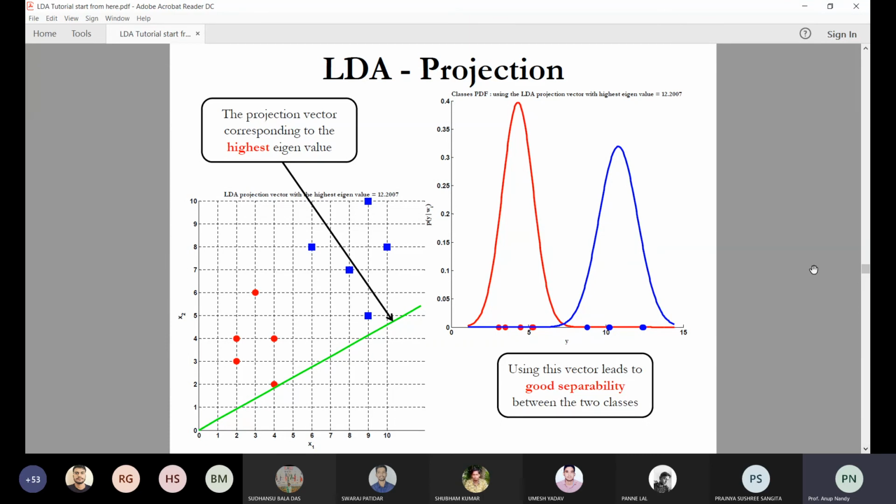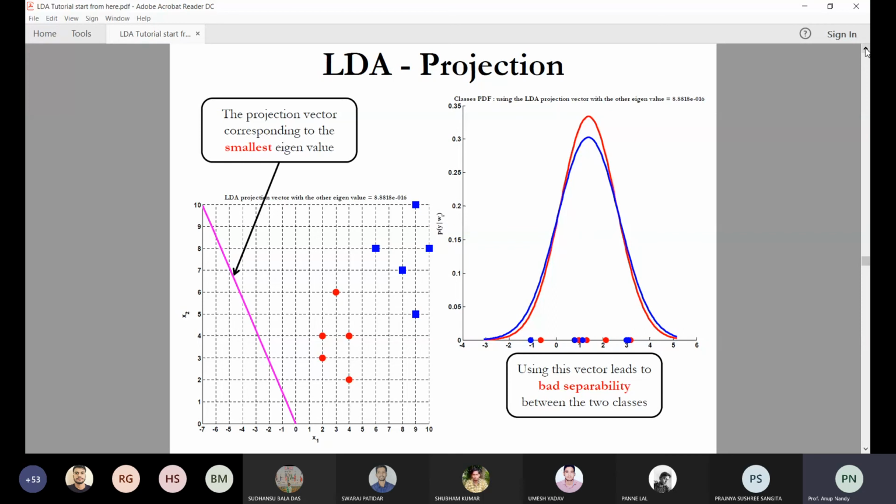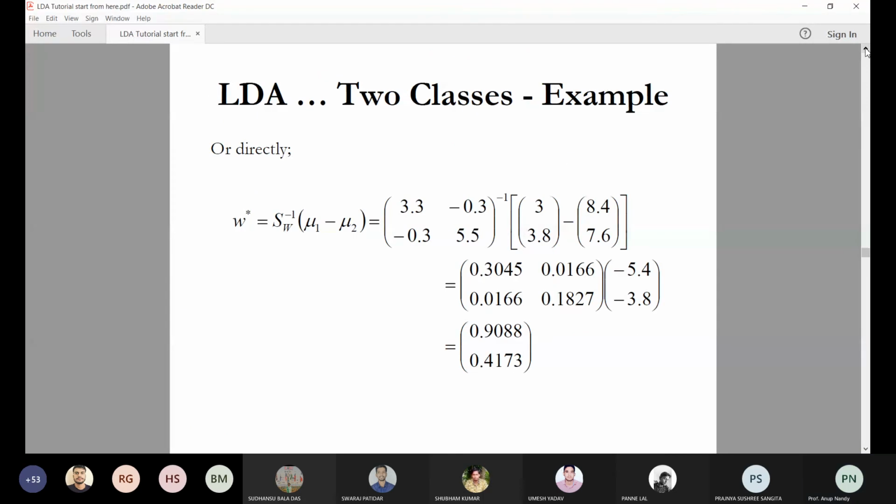And it is coming from computing lambda1 and lambda2, this W. So now your main objective is y is equal to W transpose X. This is the main formula: Y is equal to W transpose into X.